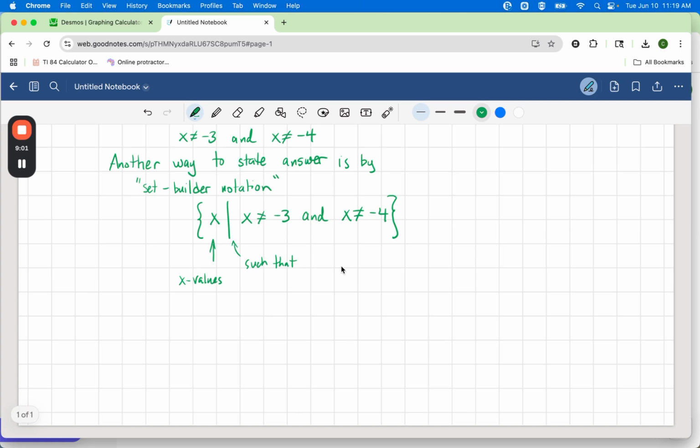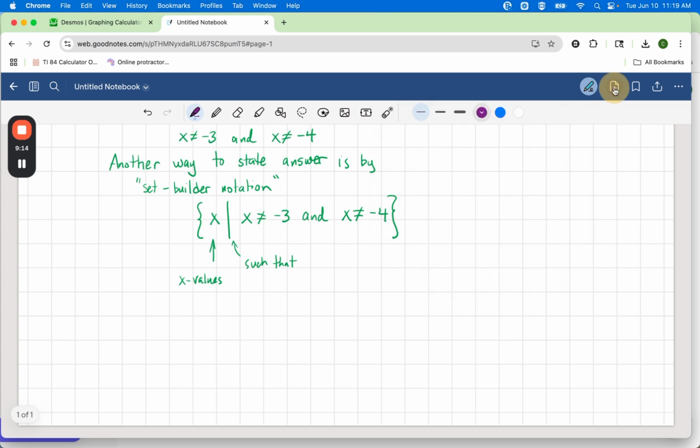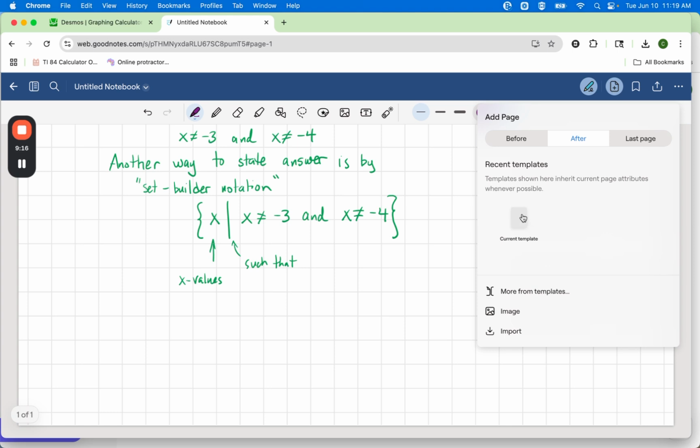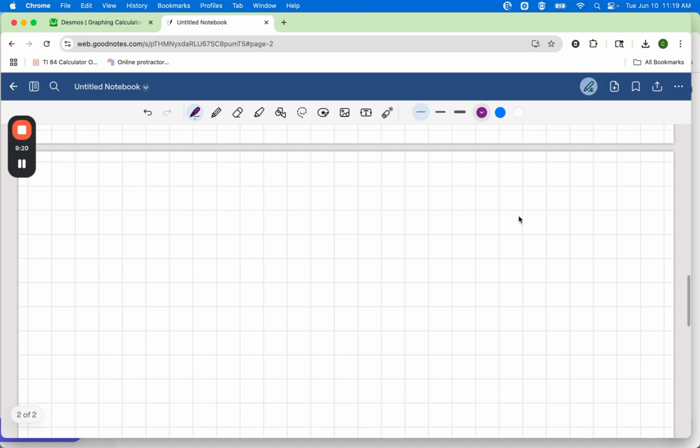Alrighty. Let's talk about square roots a little bit now. You know in the real number system that taking the square root of a negative is a naughty thing to do. You can't. You just can't square root negatives.